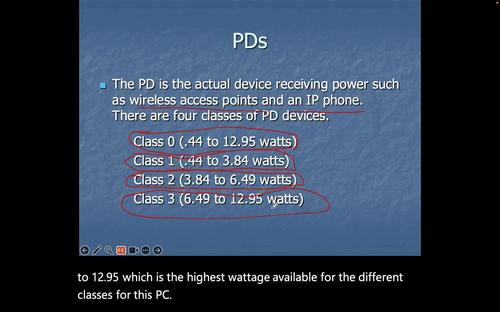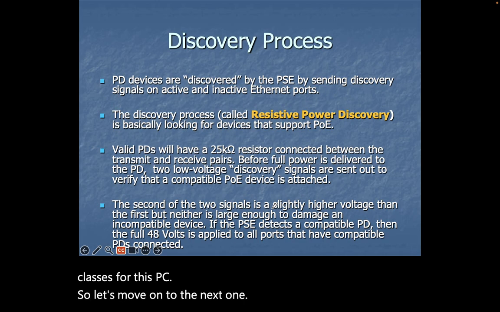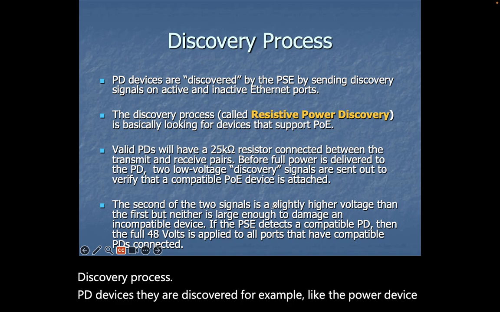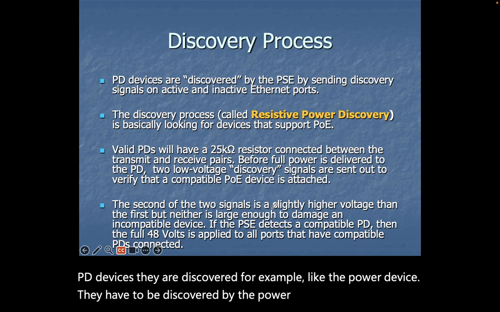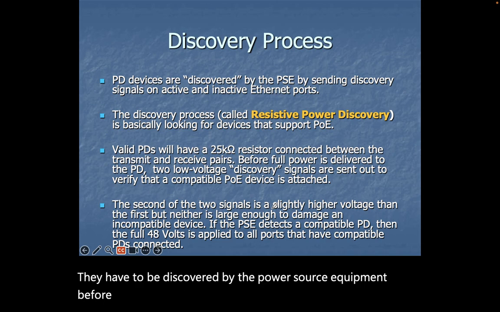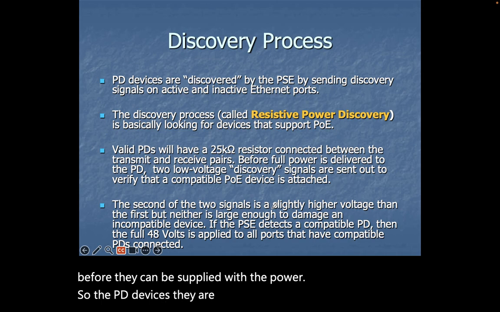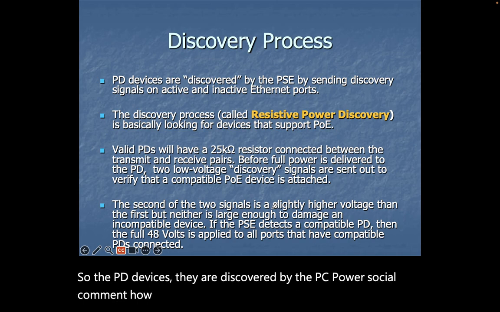Okay, so let's move on to the next one. Discovery process. PD devices, they are discovered. The powered devices have to be discovered by the power source equipment before they can be supplied with power. How does this happen?